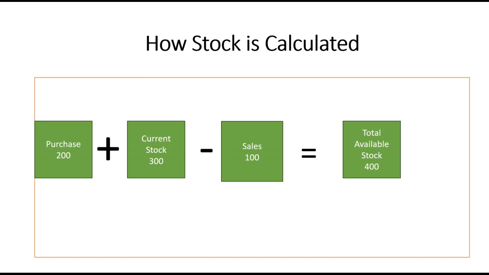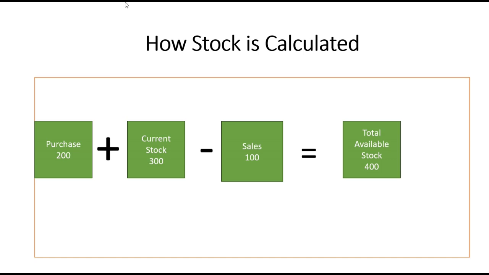I estimate that some sales of tables will rise this month. So I purchase about 200 tables from my supplier. These 200 tables are considered as purchase stock, and in the month of August I was able to sell only 100 tables. This is considered as sales stock.